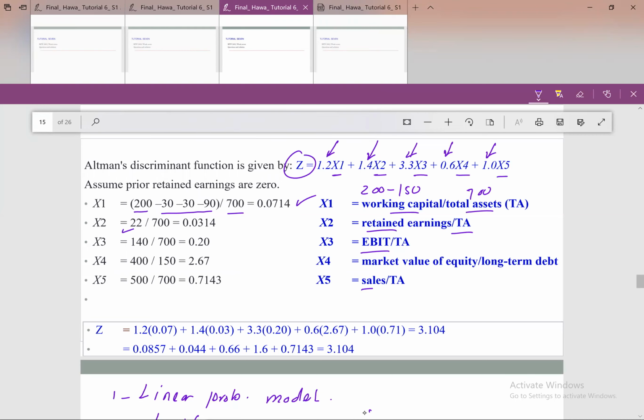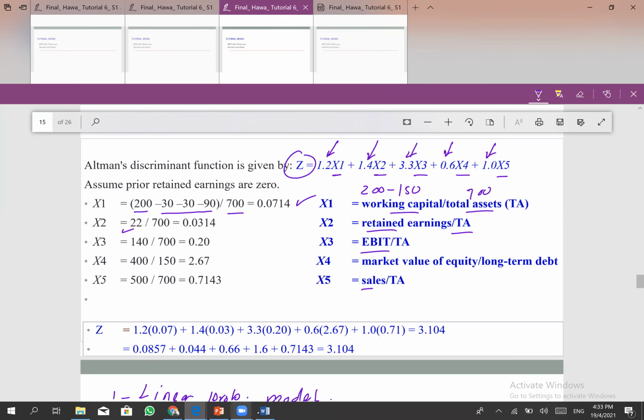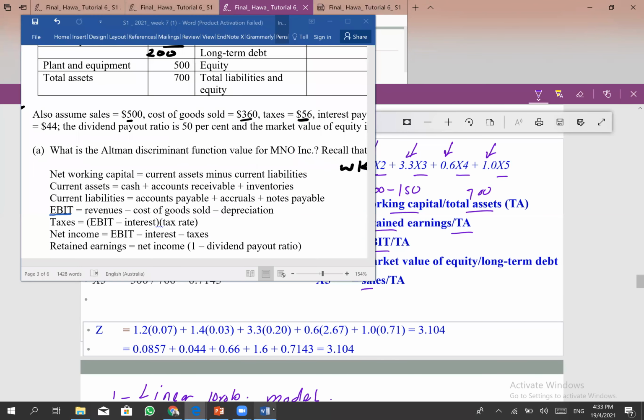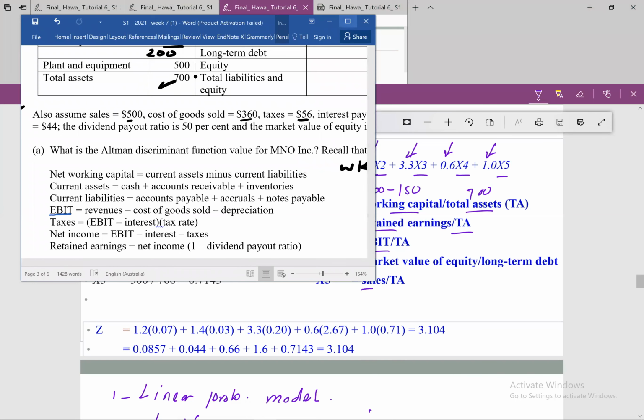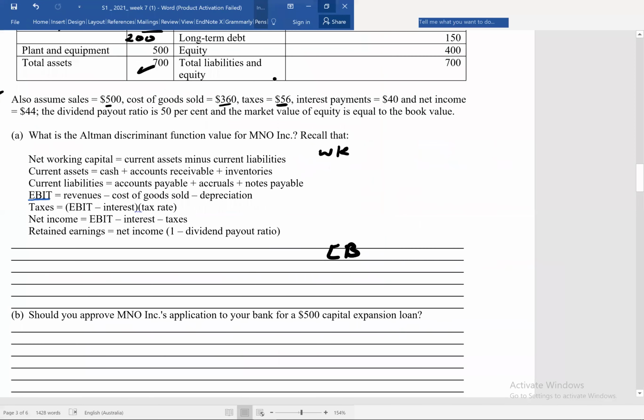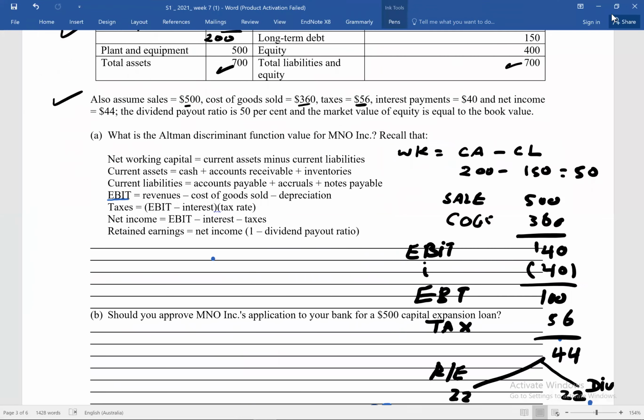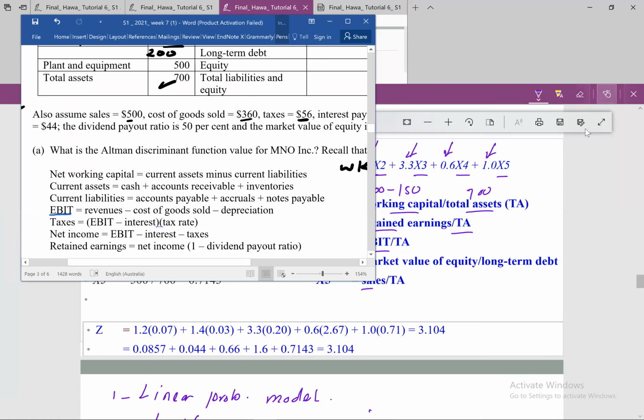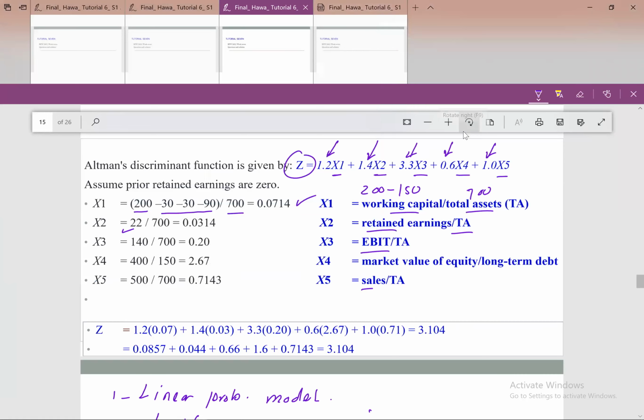The total asset from the balance sheet is 700, as you see here. And then I have the X3, which is the earning before income and tax. We already calculated it to be 140. And the total asset is 700.